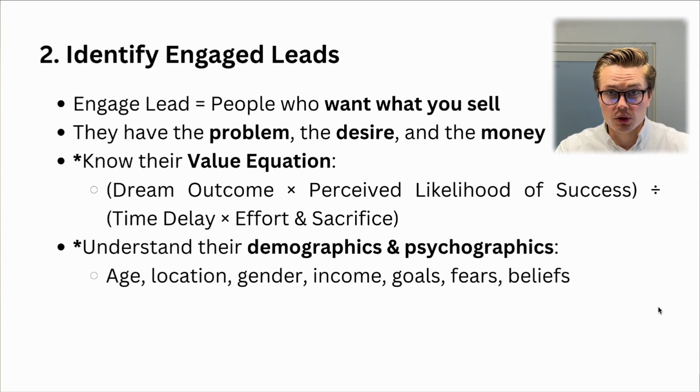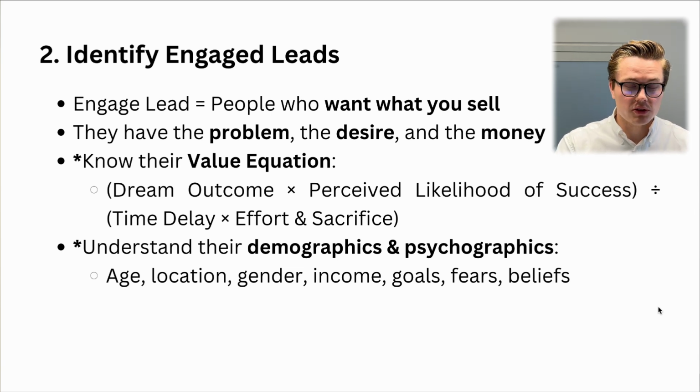In his previous book, $100 Million Offers, he went more deeply into this equation, but basically what you would want to do is understand each of these aspects from your engaged leads' perspective, and in an optimal situation you would decrease the time delay and effort and sacrifice to as close to 0 as possible. Then you will make a very powerful offer.